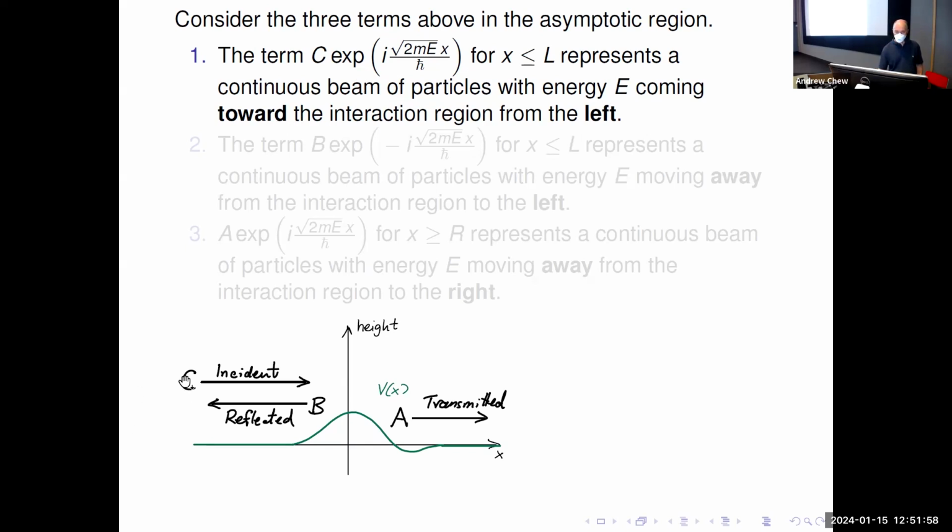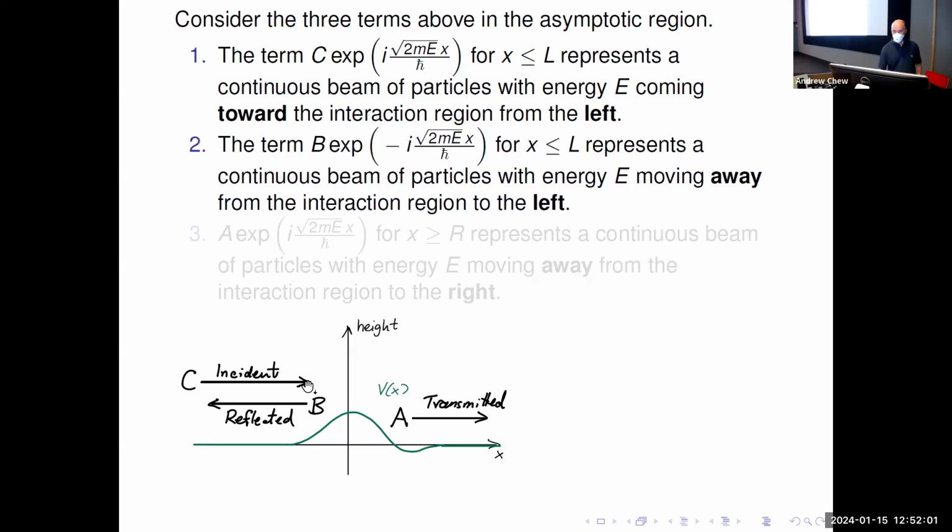So illustrated here. The B term, similarly, this also applies for x less than or equal to L. So we're in the left asymptotic region, but now there's a switch in sign here. So this is a continuous beam of particles of the same energy, but moving to the left.